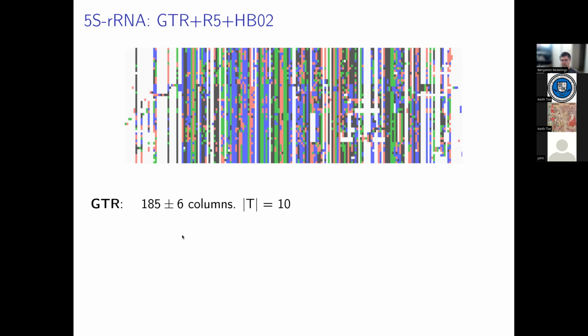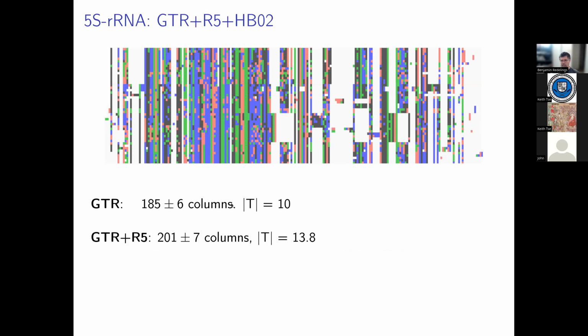When we try to apply this model, we find that as before, using the general time reversible model with the same rate in every column, we estimate 185 columns. And interestingly, the total sum of all the branch lengths on the tree is 10, meaning that on average, there should be about 10 changes per column.